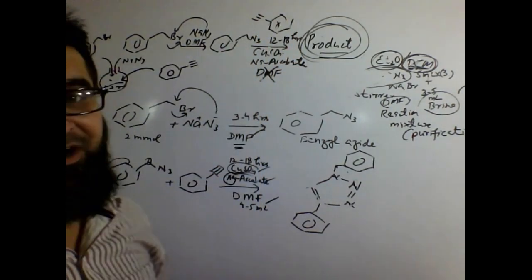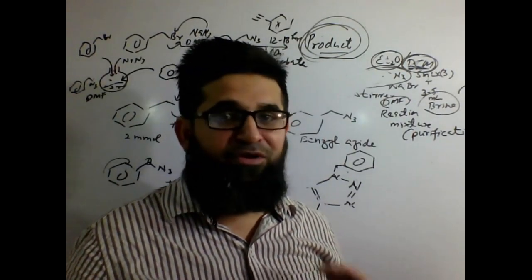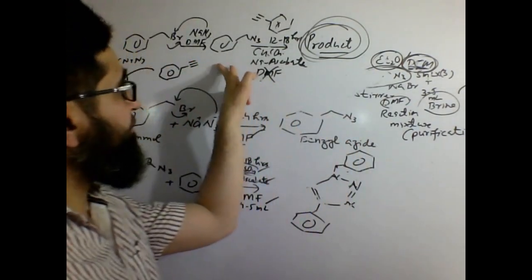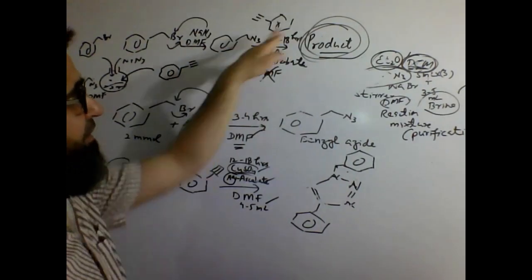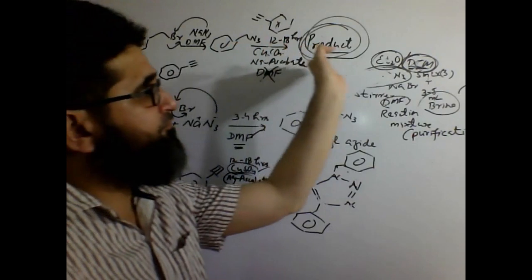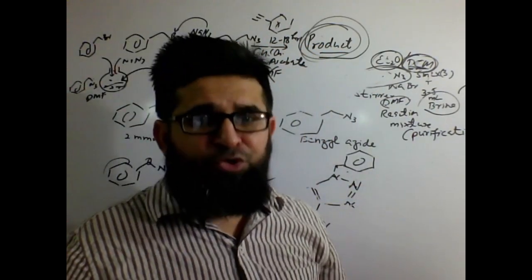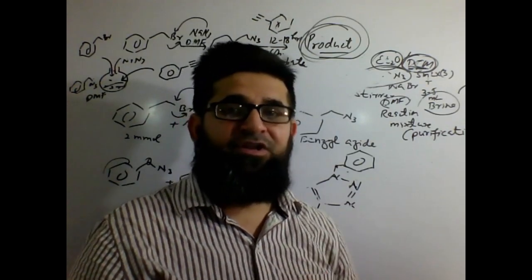You don't have the time to wash the flask. You can't wash it, because we are not taking the first product out. We keep the first product in, put the next reactant in the same flask, and let them react again for the formation of the final product.